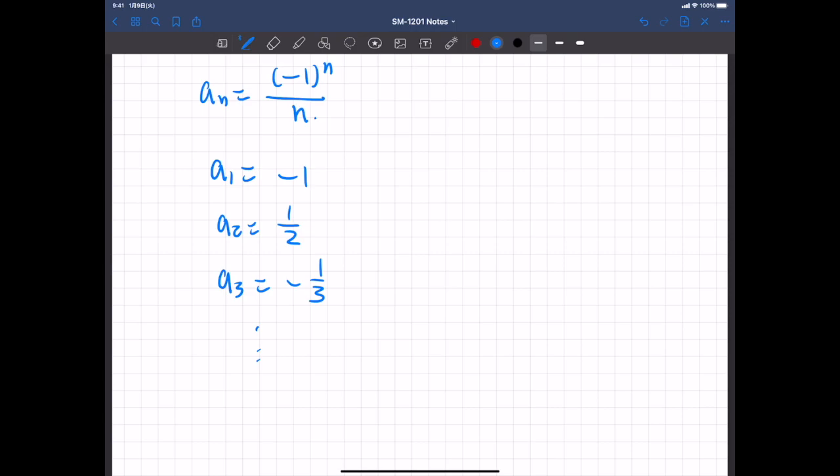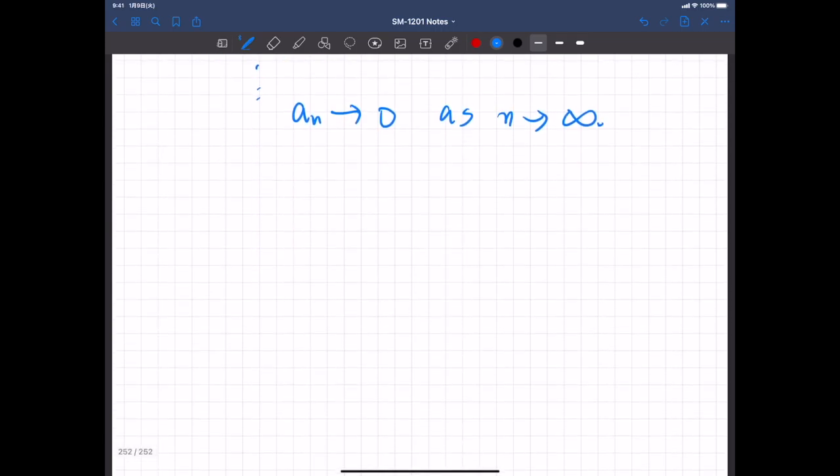And this converges to 0. So an converges to 0 as n goes to infinity. Okay, so that's one example.